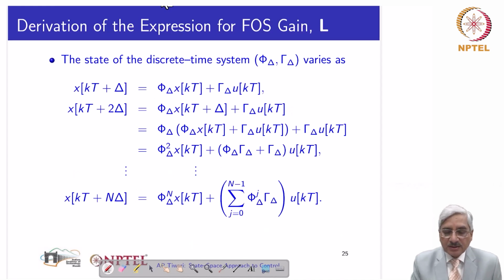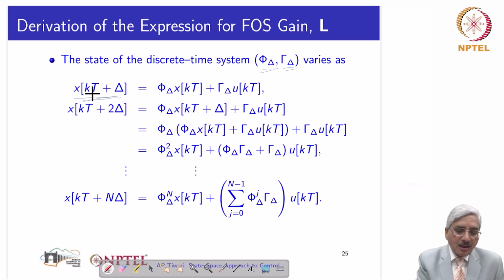How did we get that relation? The derivation follows in this and the next few slides. So we have the system sampled at the rate phi delta, gamma delta. For this, consider the state one sub-interval after the sampling instant kt, that is x kt plus delta.